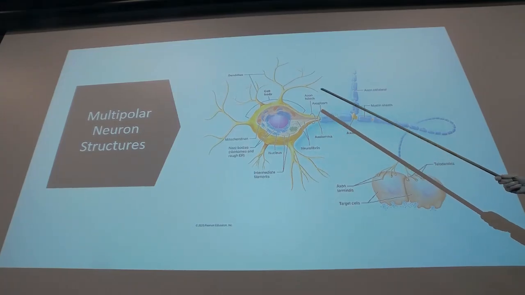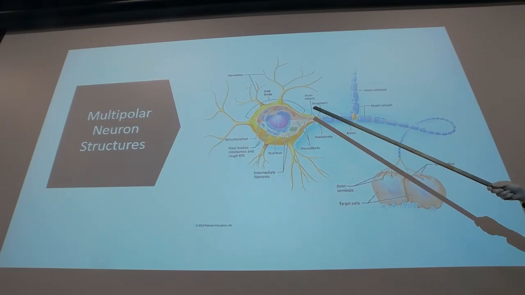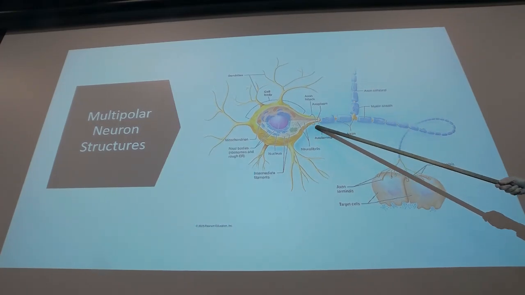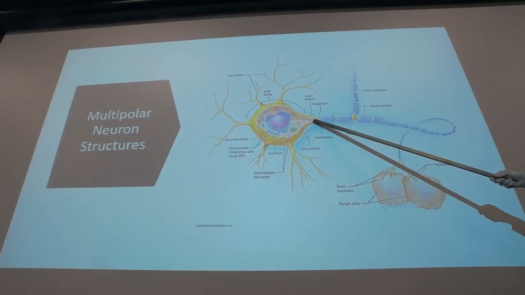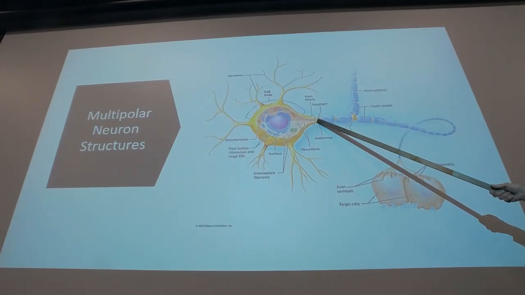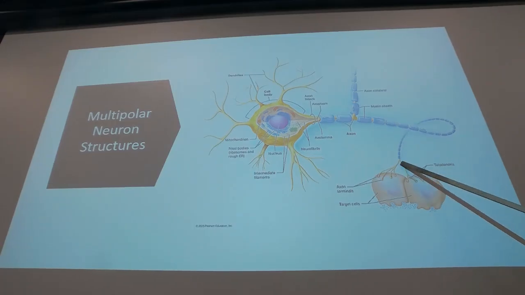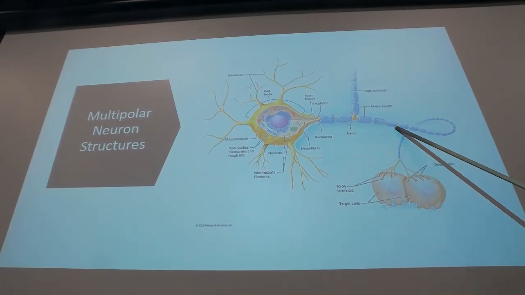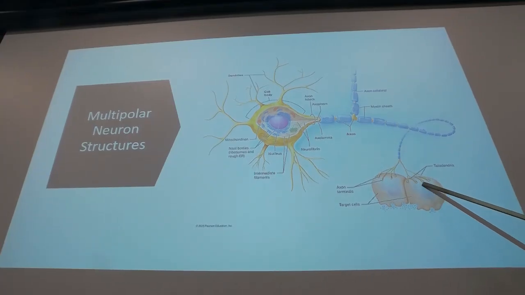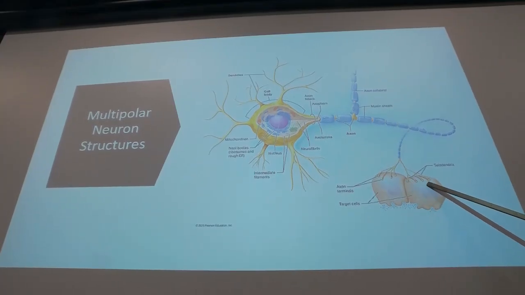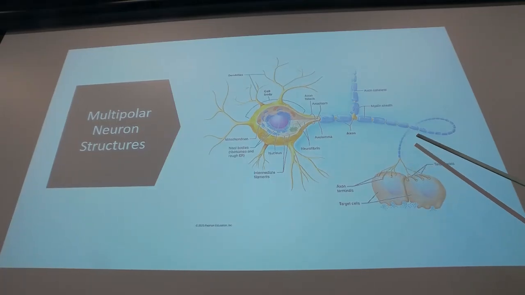If it needs to be converted into an action potential, you convert it in this area that is like a little neck. This will be the axon hillock. Then this long extension will be the axon. The end of the axons will be the telodendrite. Sorry, the synaptic terminals, the axon terminals.